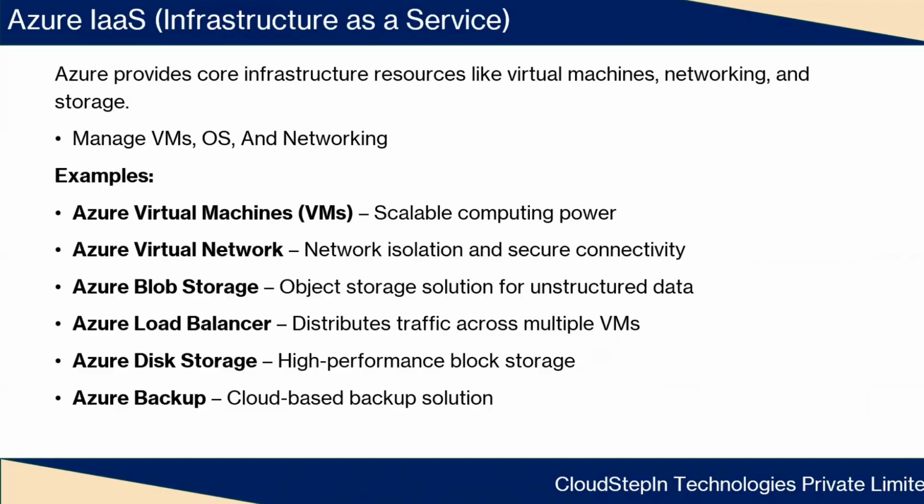Azure IaaS provides fundamental resources such as virtual machines, storage, and networking components. This gives you complete control over the infrastructure, while Azure handles the physical hardware behind the scenes. As a user, you can create, configure, and manage virtual machines, operating systems, and networking components manually.